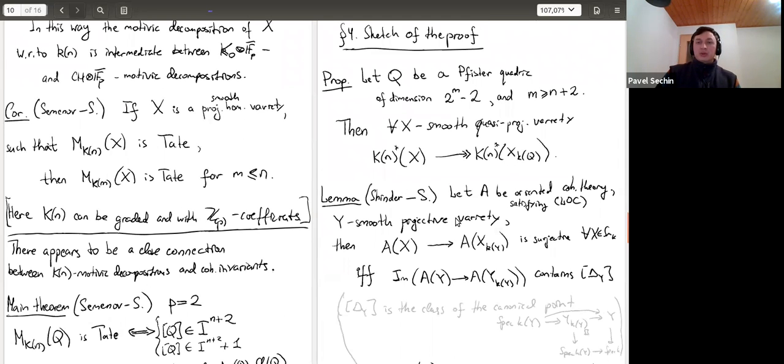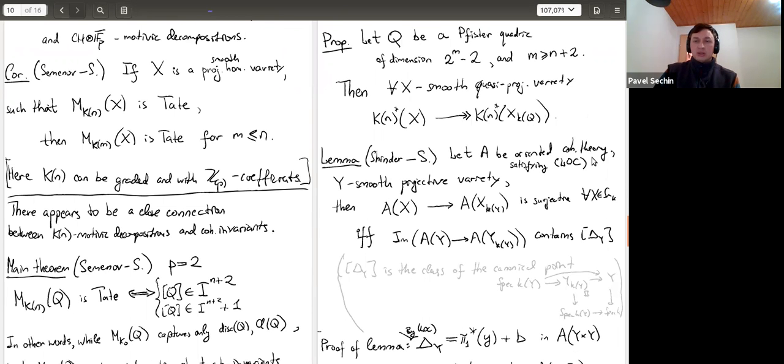And let's start with the following proposition, that if we take a Pfister quadric corresponding to a symbol of length m, such that m is at least n plus 2, so that the class of this quadric lives inside this power of the fundamental ideal, then for any smooth quasi-projective variety X, the pullback map from the Morava K-theory of the variety X to the Morava K-theory of the variety X base changed to the function field of this quadric is surjective. So the statement is that this map is surjective for any X.